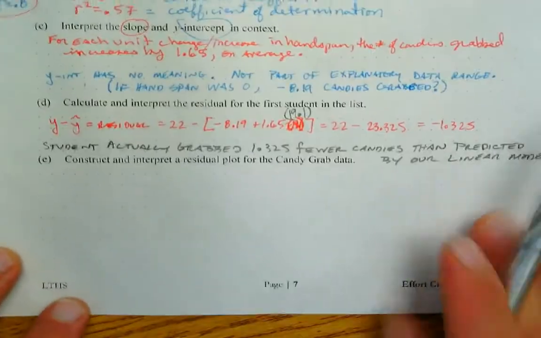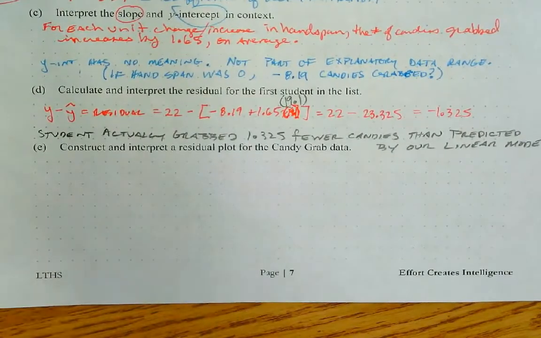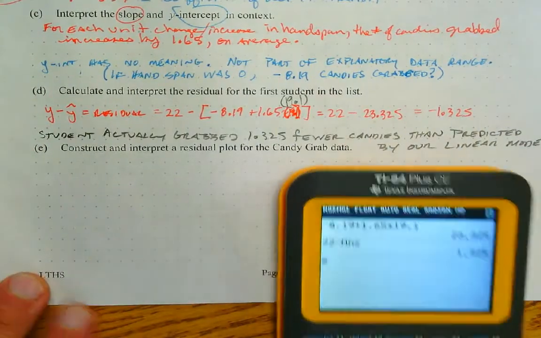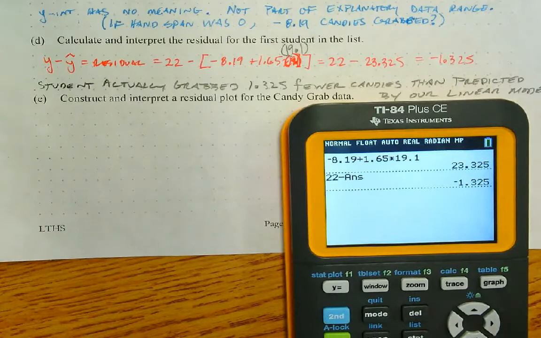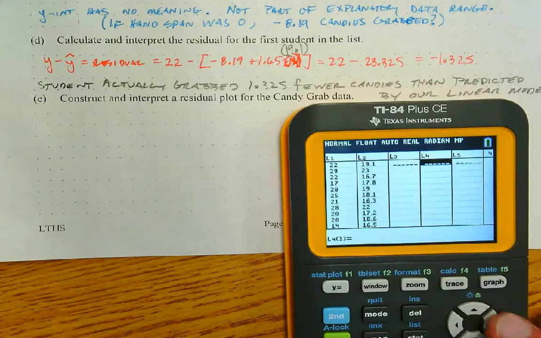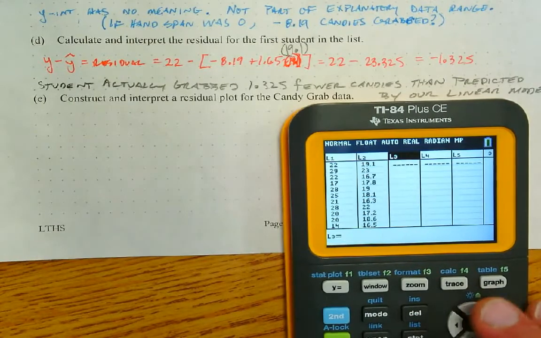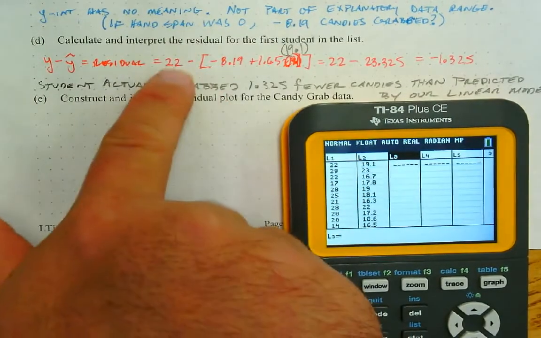Now, let's construct and interpret a residual plot for the candy grab data. There are two ways we can do this on our calculator. One way is to go to stat edit and put our residuals in here. How can I get our residuals? It's going to look very much like what we did here.